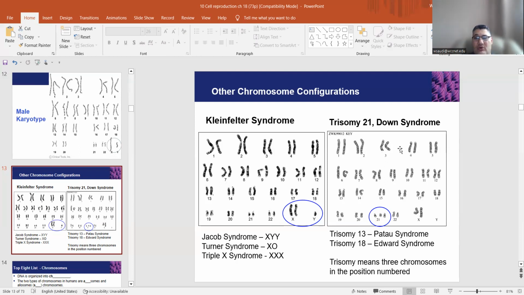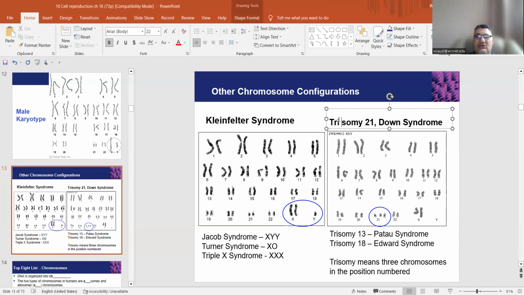Another issue, but this one is not in the sex chromosome. The abnormality here is in pair number 21, which is one of the autosomes. Same thing, instead of having two, which we call a pair, there is an extra one. So we call it trisomy. Tri means three.